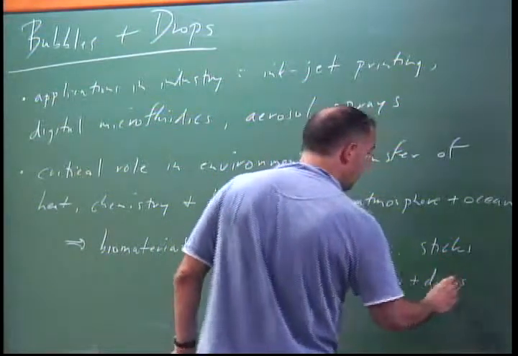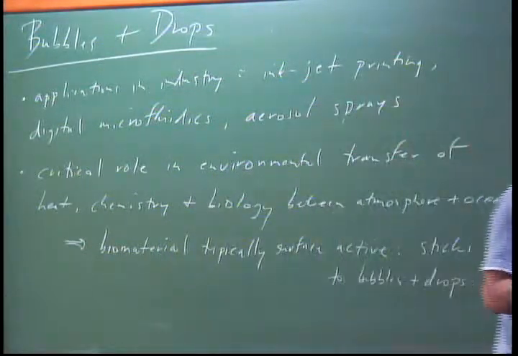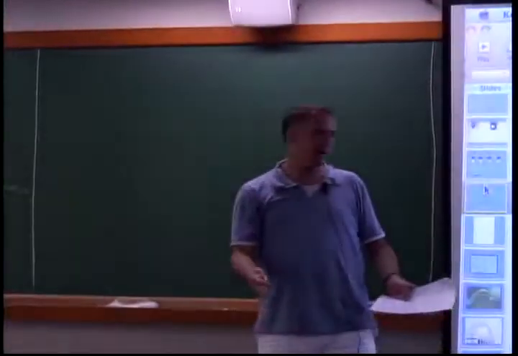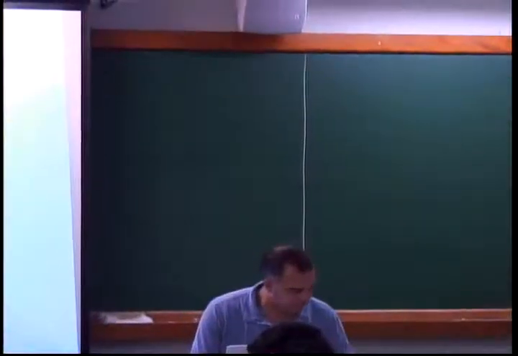Okay, so if you're looking at how much of the transfer of heat, chemistry and biology happens, it happens in the surf zone, where waves are breaking, because there's a huge chemical mixing. Fluid is mixed down into the water column.